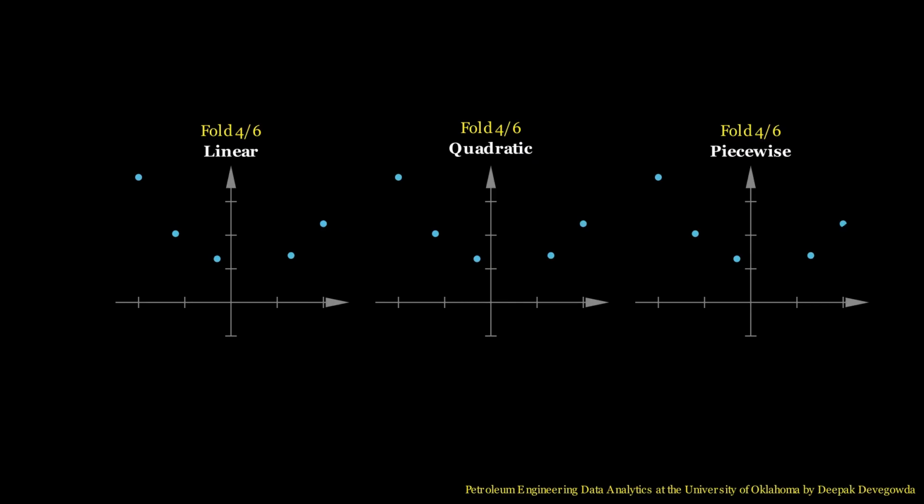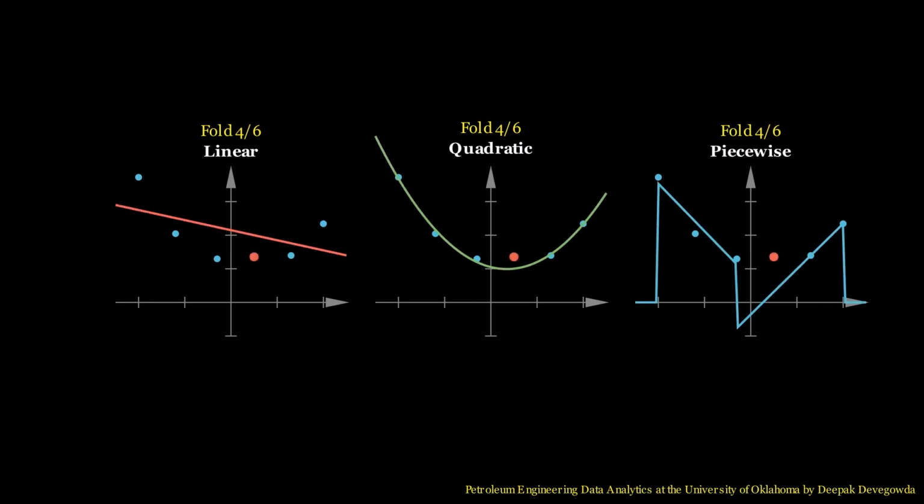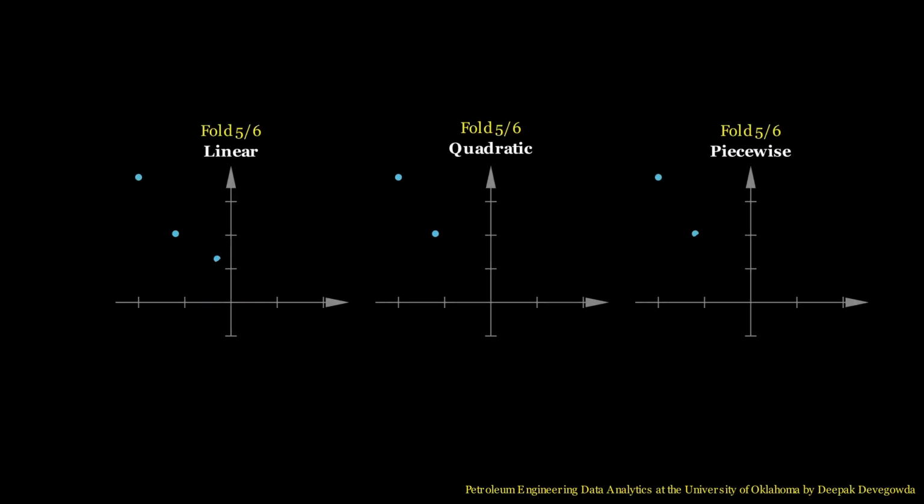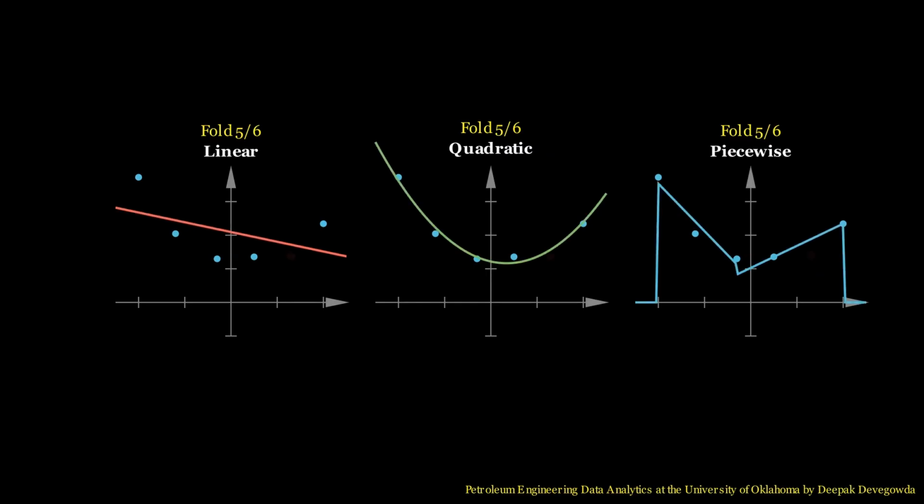Then again, with the fourth data point being our test data. And then the fifth data point being our test data, with the remaining 5 points being our training data. We repeat this for the sixth point as well.